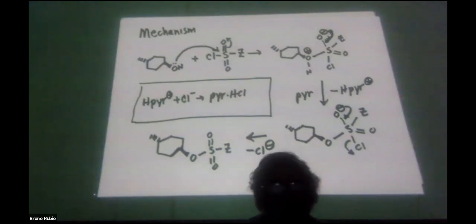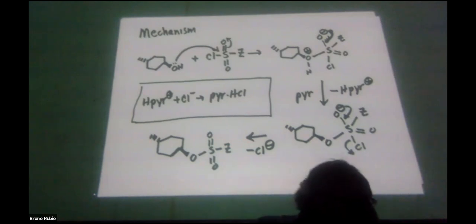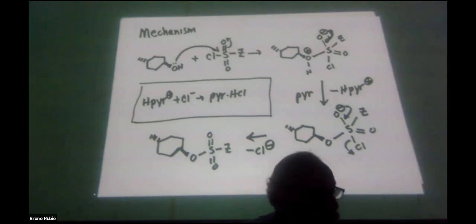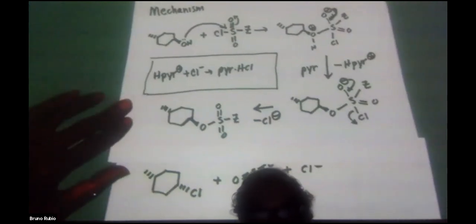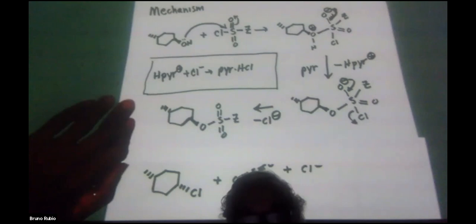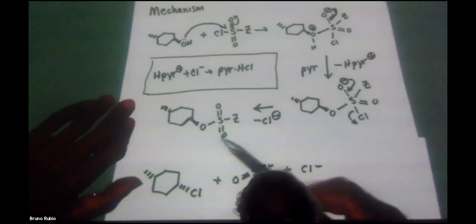Okay, compare and contrast. So a lot of the steps of this mechanism for sulfonation were similar to the steps in the Darzens, but what jumps out right away is that although both of these reactions are ways of converting the OH group to a good leaving group, the Darzens halogenation happened with inversion.